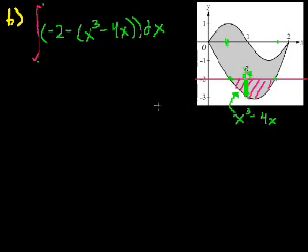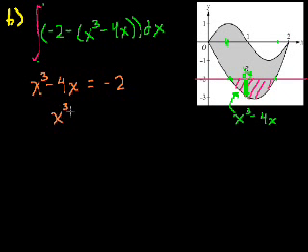At what x values does x to the third minus 4x equal -2? At what x values are the y values the same? If we wanted to write this as a proper polynomial expression, we would get x to the third minus 4x plus 2 is equal to 0.